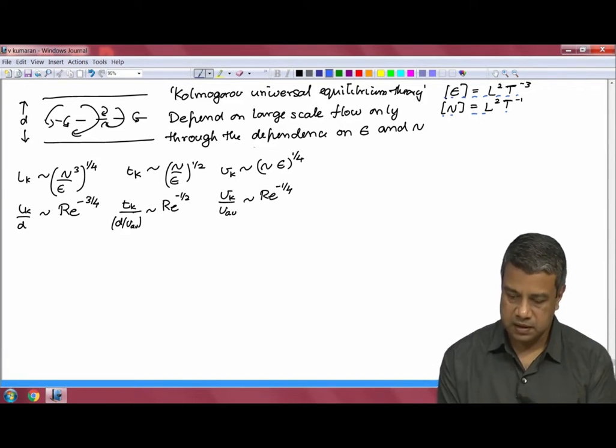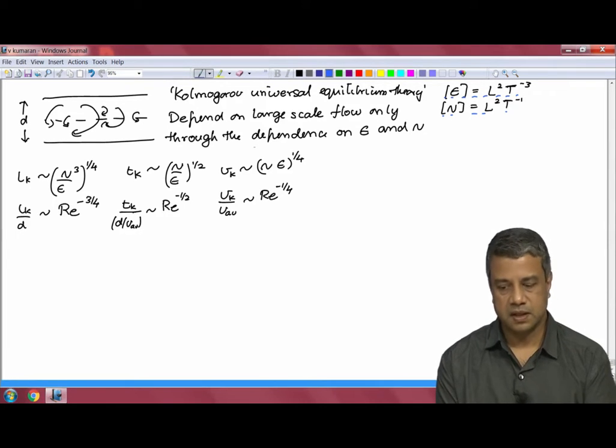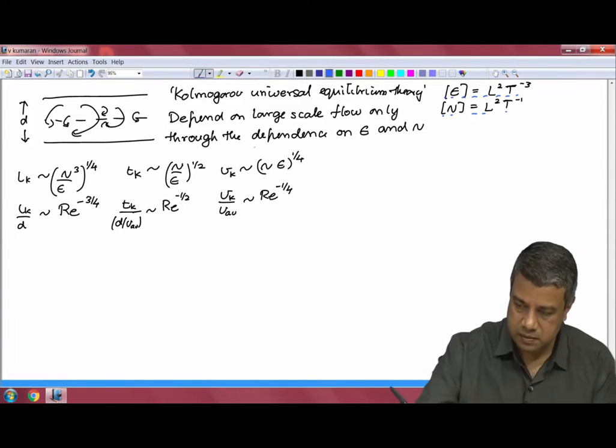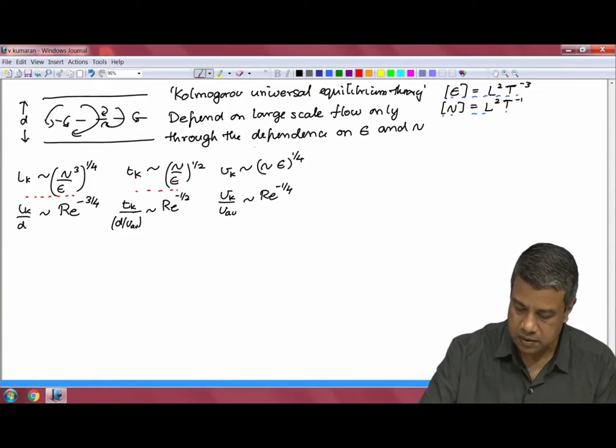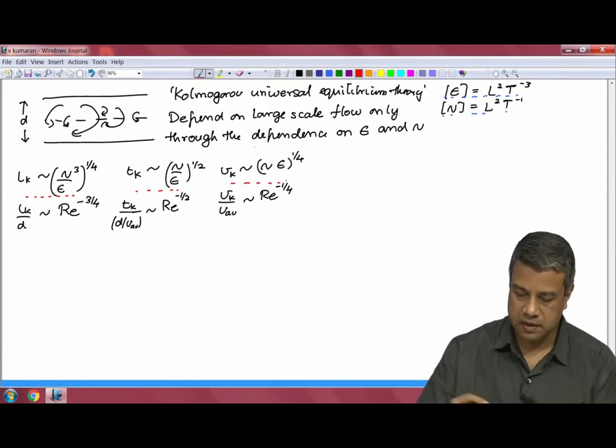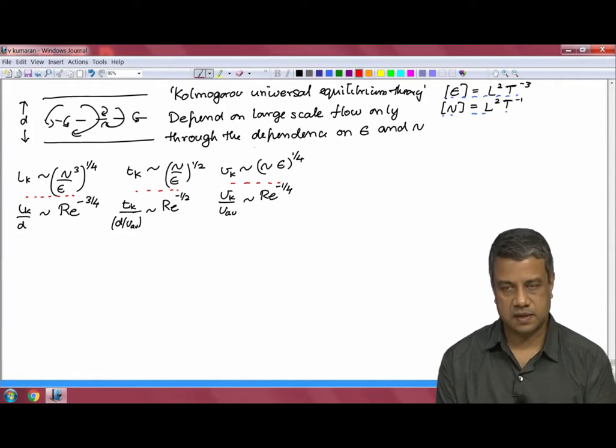Because of that, the smallest scales can depend only upon epsilon and nu. From dimensional analysis, we had determined that dependence for the Kolmogorov length scale, the time scale and the velocity scale.